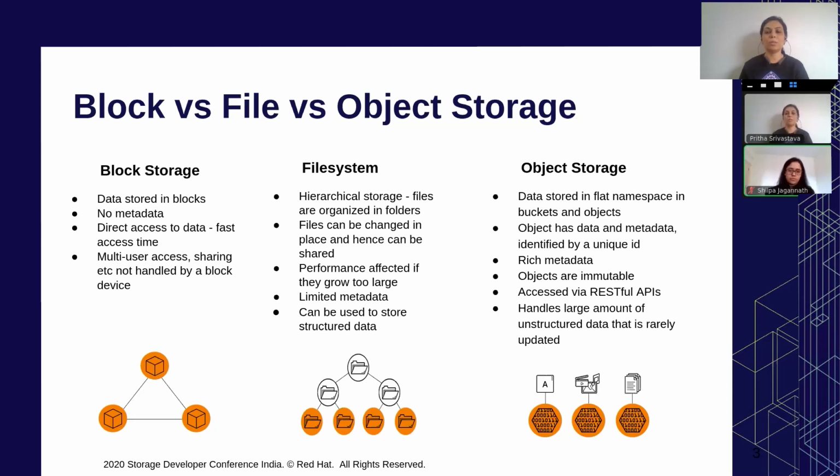Objects are immutable, which means that they cannot be updated, and hence object storage makes sense in applications which rarely update the data that gets stored in them. And examples of such applications are imaging, analytics, etc. And object storage is the de facto storage for cloud services like Amazon S3, OpenStack Swift, Google Cloud Storage, etc.